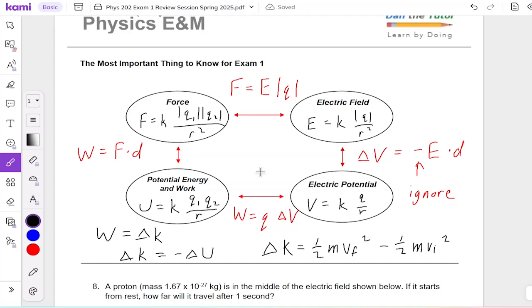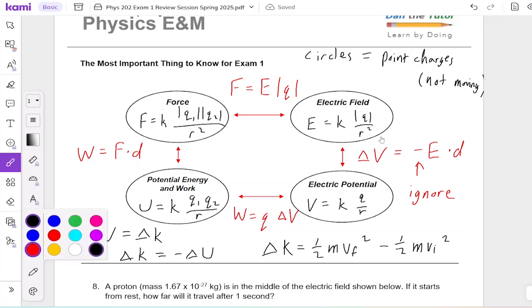One last thing, just as a reminder, inside the circles, this is for point charges. In other words, we're not moving because it's a point charge. And we typically use the red arrows if we're moving.